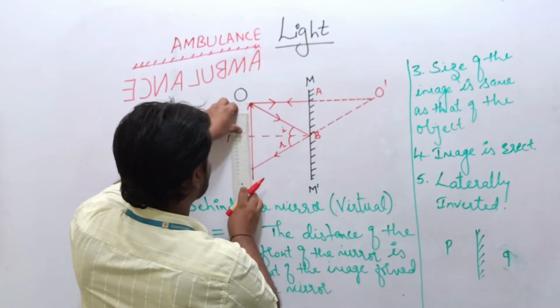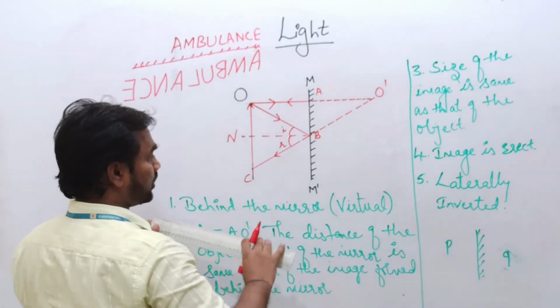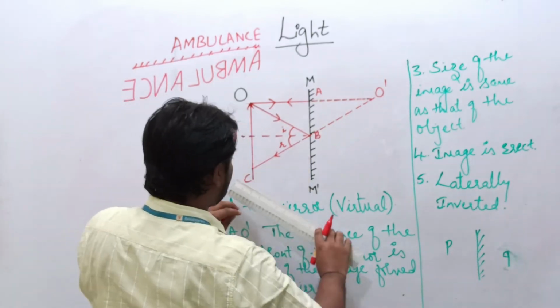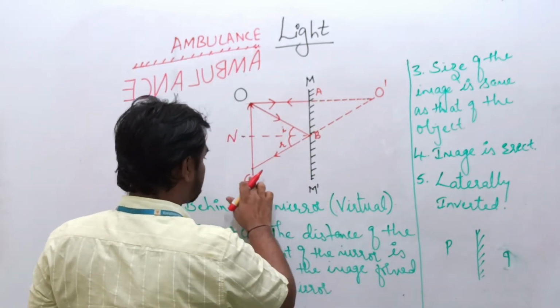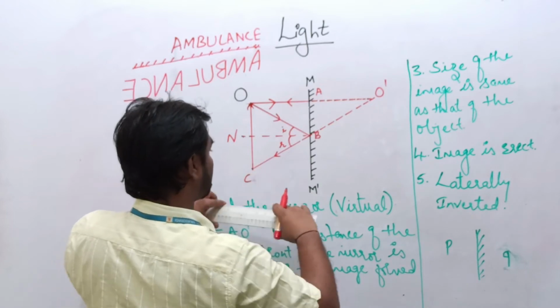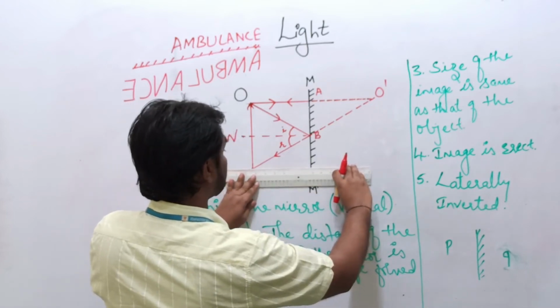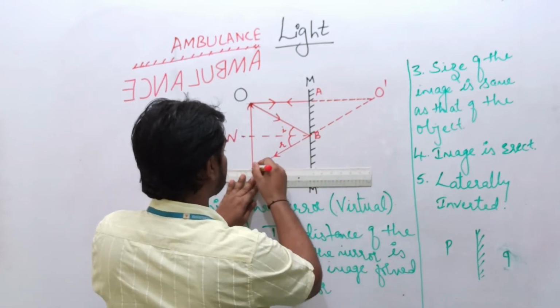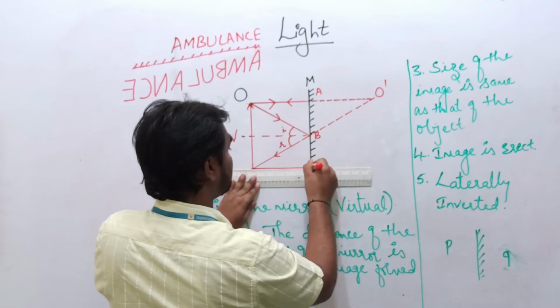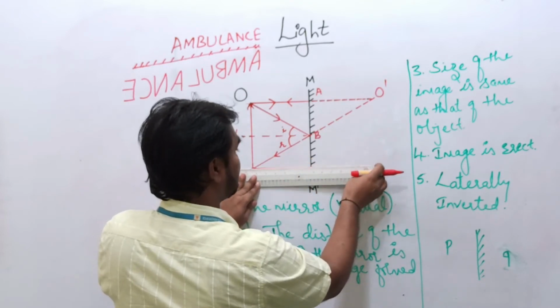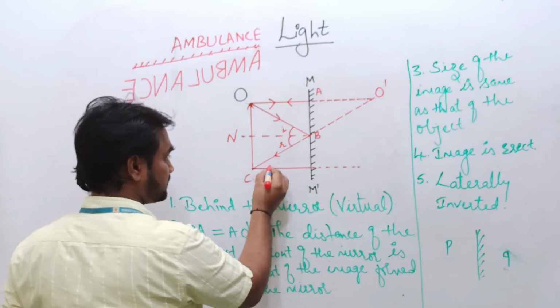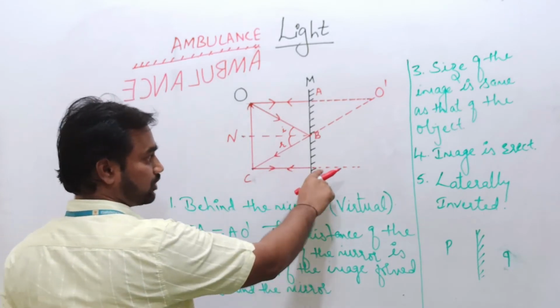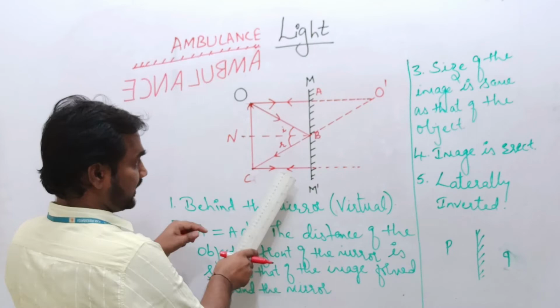So here this is the object. You can extend this line here, let me take it up to here. One incident ray will be at right angle, and you can draw the extended reflected ray. This is incident, this is reflected. One more you can draw from here.